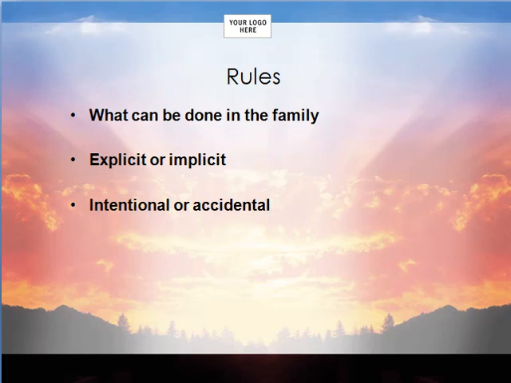The rules, who can do what. Sometimes these are explicit and sometimes these are implicit. A lot of times when you're working with families and they have really implicit rules that are inconsistent with the context of what's going on, it's tremendously powerful to make those implicit rules explicit. How you do that is you talk about how that decision got made, and then they'll say, well, you can't do that in my family.